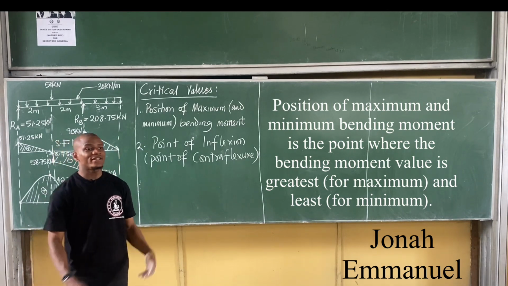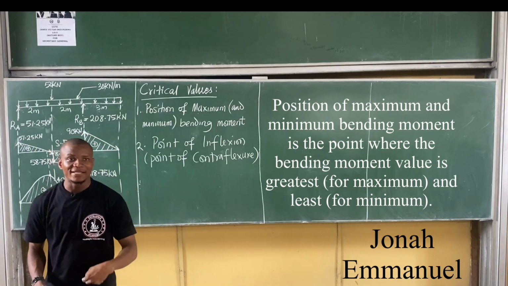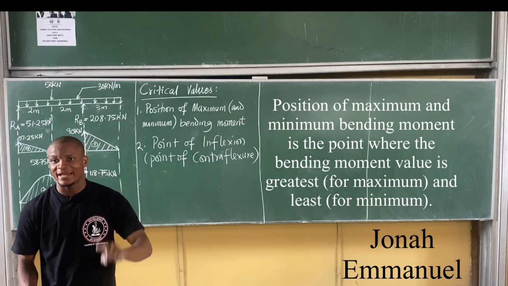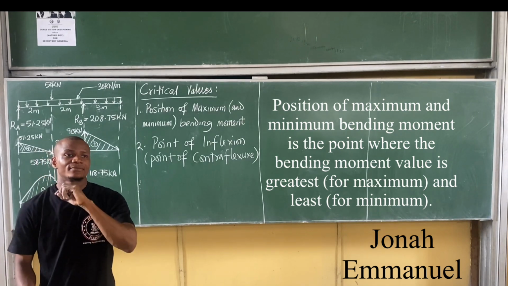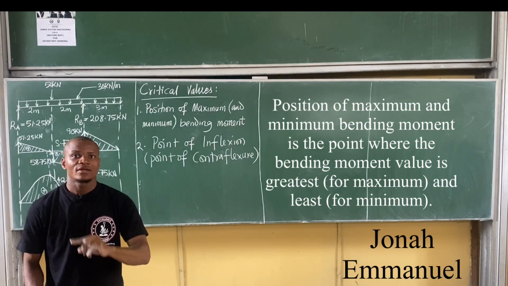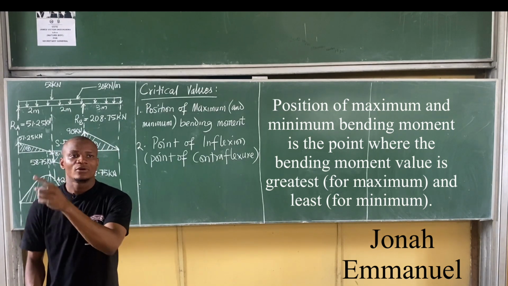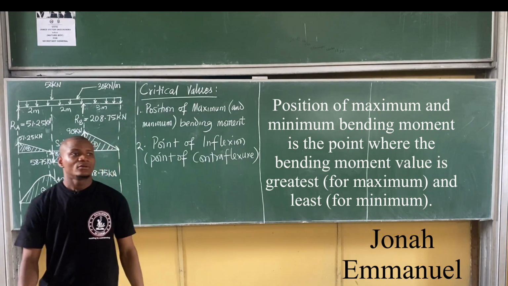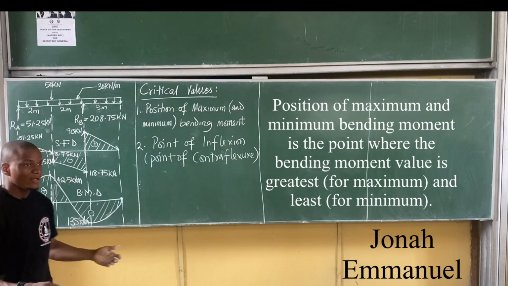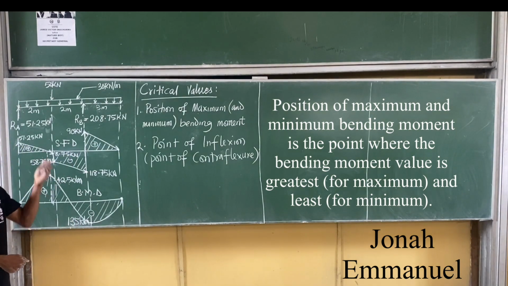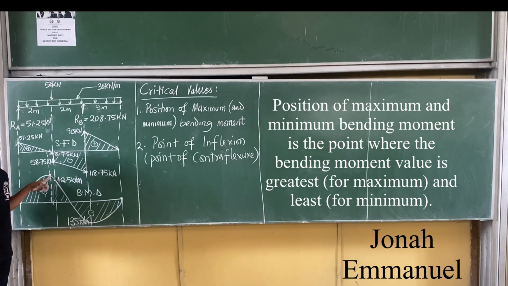This is the point where the value of the bending moment is greatest in bracket for maximum, close the bracket, and least in bracket for minimum, close the bracket, L-E-A-S-T. So simply where the value of the bending moment is what? Greatest and least. So look up. In this diagram, obviously, here is my maximum bending moment. Here, my minimum bending moment.